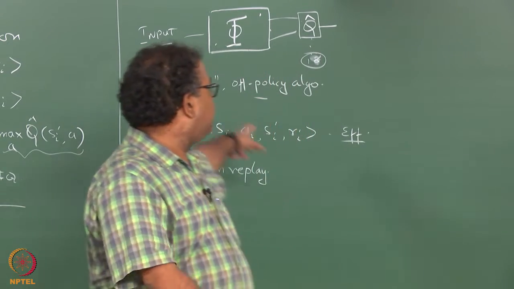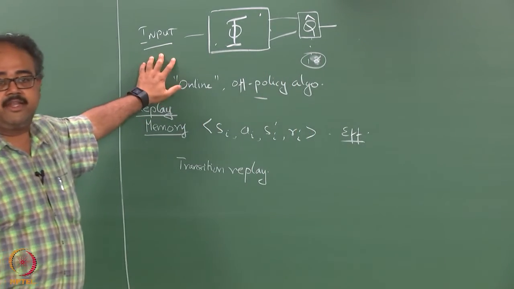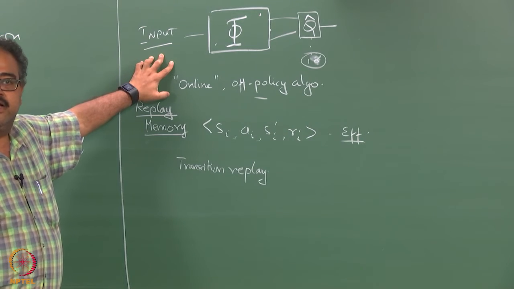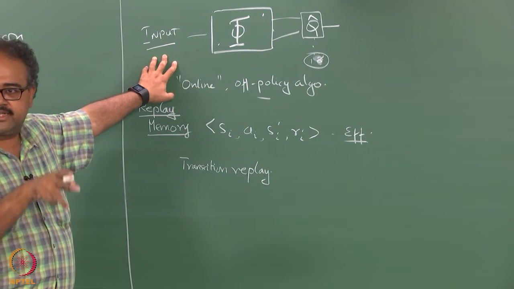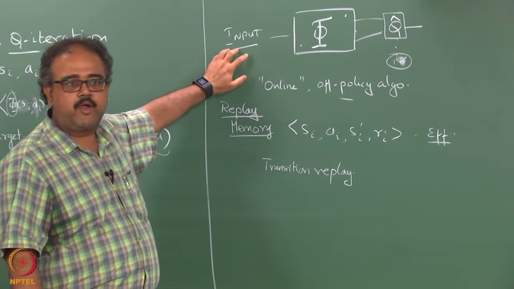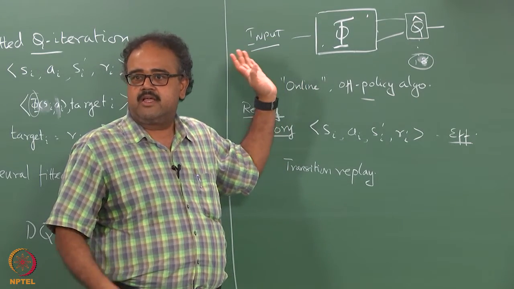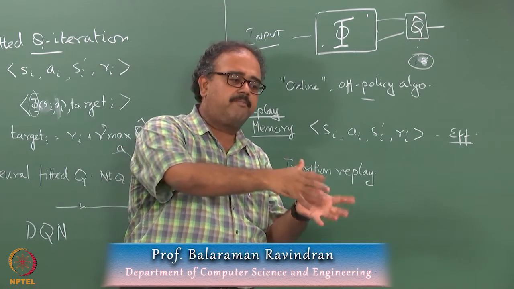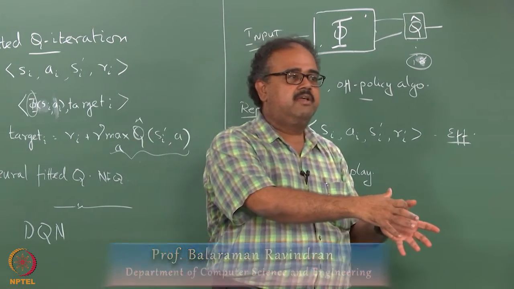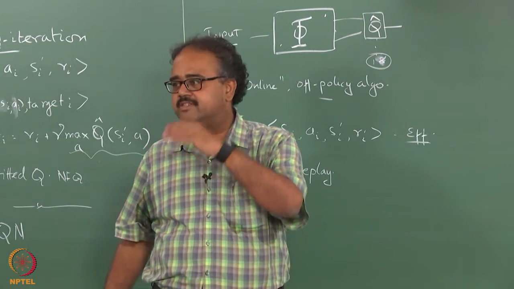If you remember, what is the input going to be for Atari? The pixels on the screen, just whatever is coming on the screen. So I am going to see only some parts of the state space in a single trajectory, right. Essentially, only some portion of the state space gets its value function updated, and the other portions do not.